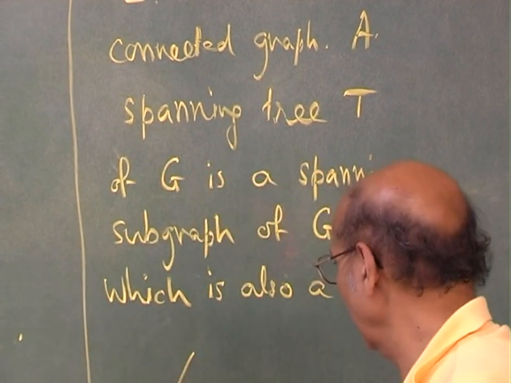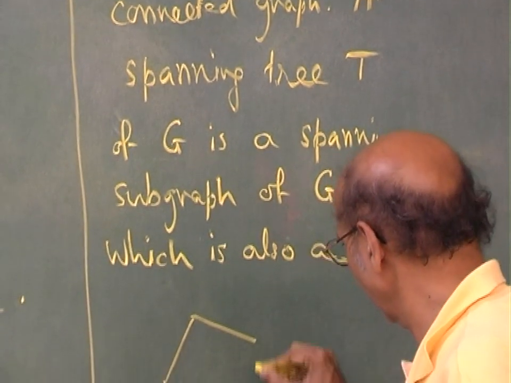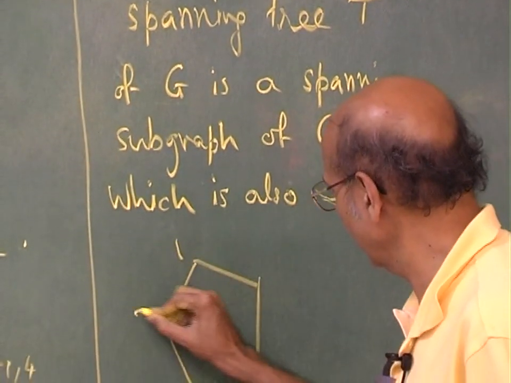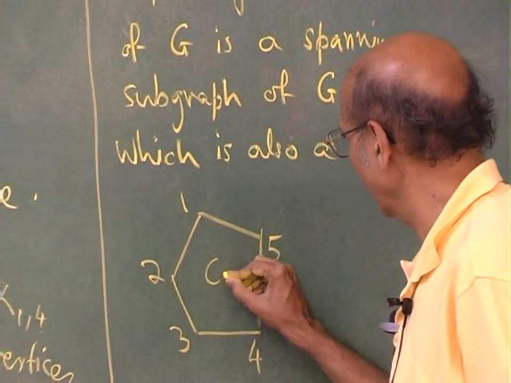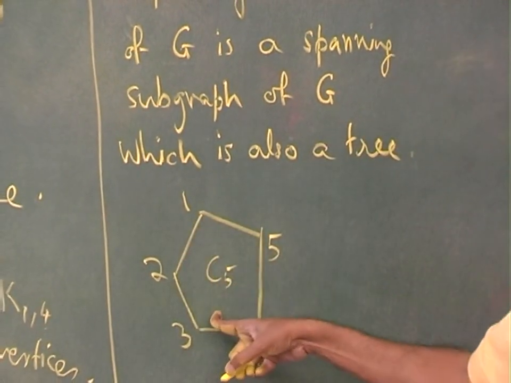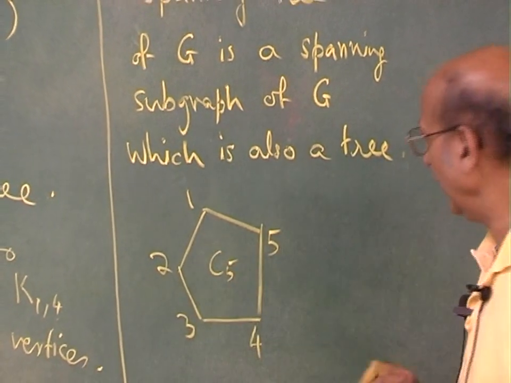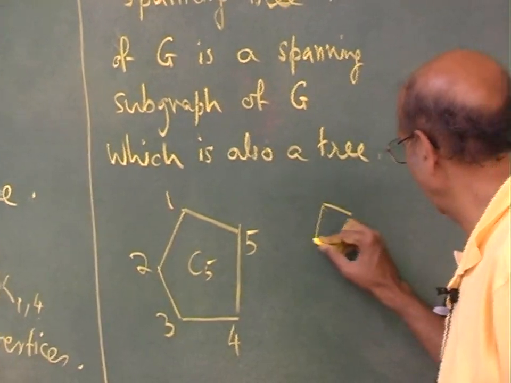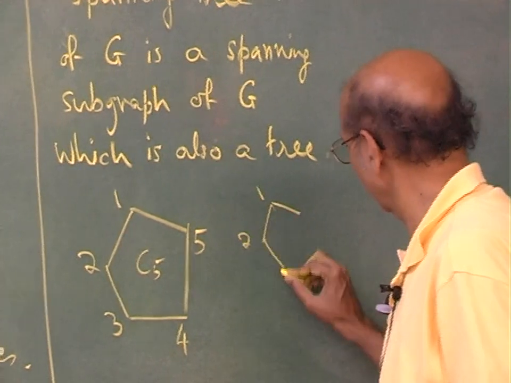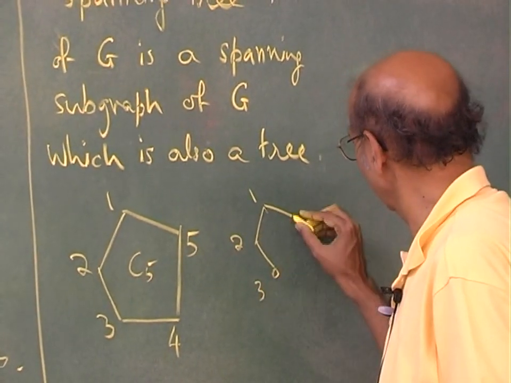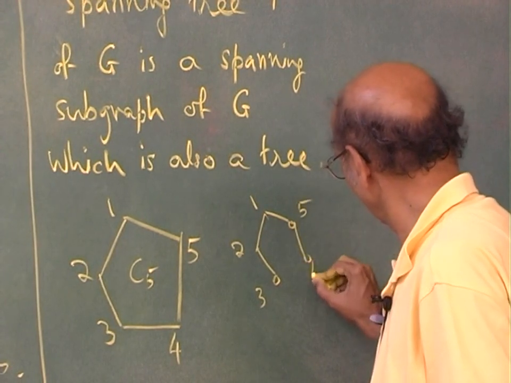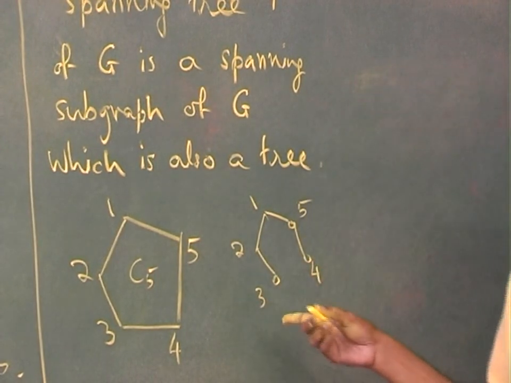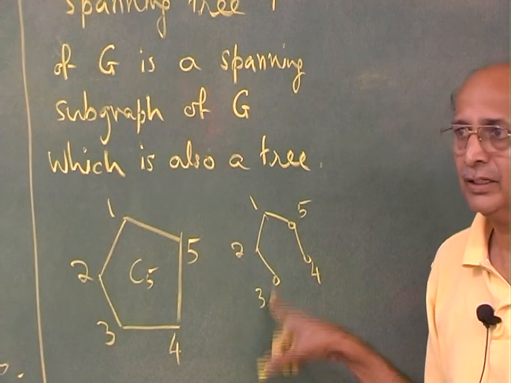For example, that is connected. It's a connected graph. It has spanning trees. Namely, that's a spanning tree. That's of course a spanning tree of that graph.